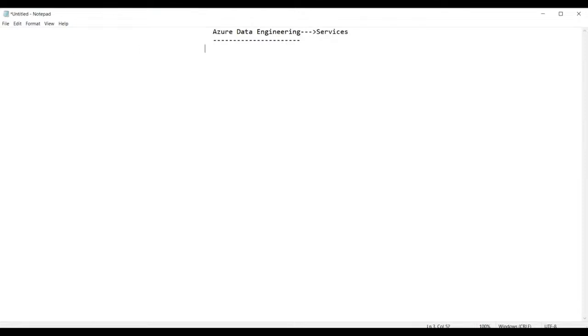Let us see what is the first one. We have the first one here as Azure Databricks. And then we have the next one, Azure Data Factory. And apart from this, we have the next service called Azure Synapse.